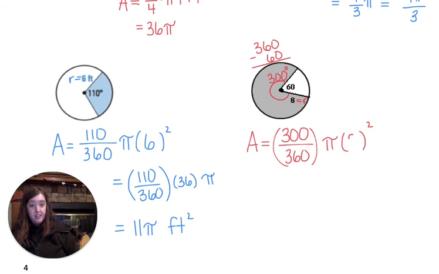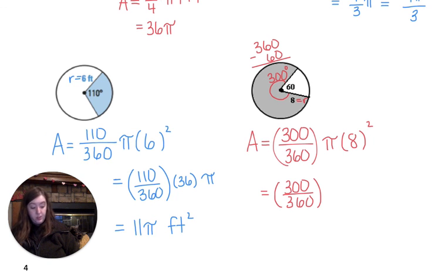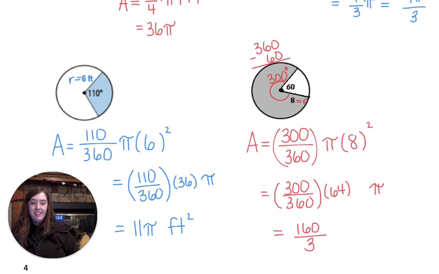Our radius right here is 8. So then we'll pop that into our calculator. We will take 300 over 360 times 8 squared, which is 64. And then remember, don't put the pi in the calculator. Bring him along at the end. So when we put that into our calculator, we're going to end up with 160 over 3. Thank you, calculator, for figuring that out for us.